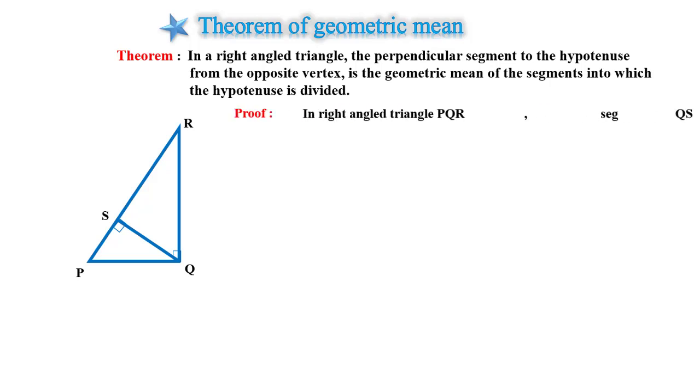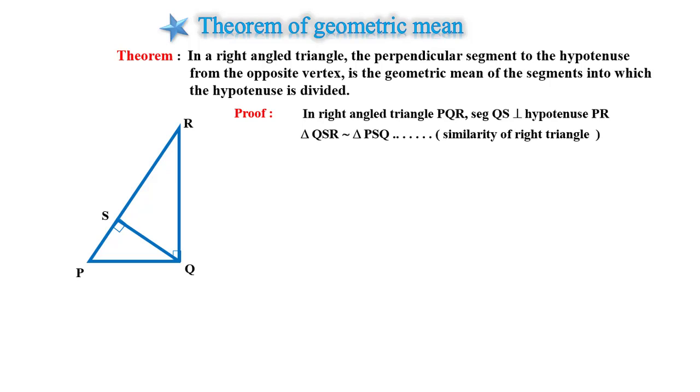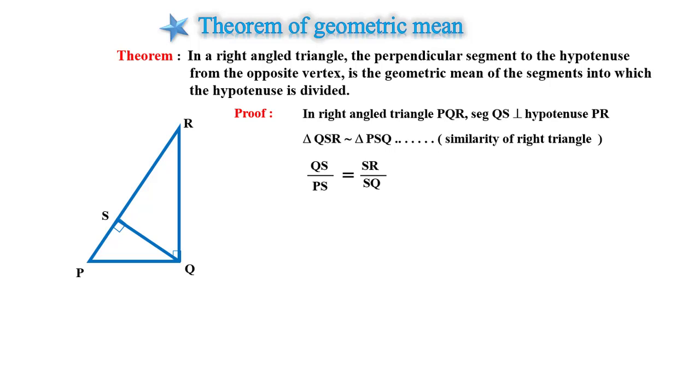Proof: in right angle triangle PQR, segment QS is perpendicular to hypotenuse PR, triangle QSR is similar to triangle PSQ. What is the reason behind it? Similarity of right triangles. Now from the above one-to-one relation, QSR to PSQ, we can write QS by PS equal to SR by SQ equal to QR by PQ, because the corresponding sides of similar triangles are in proportion.